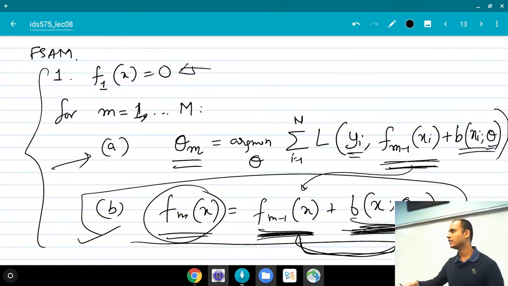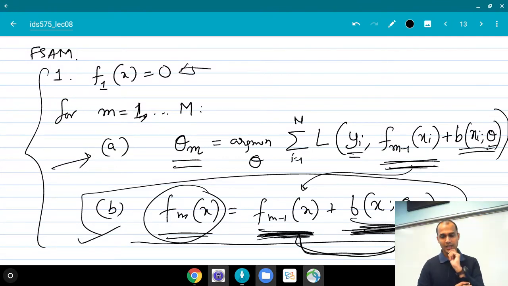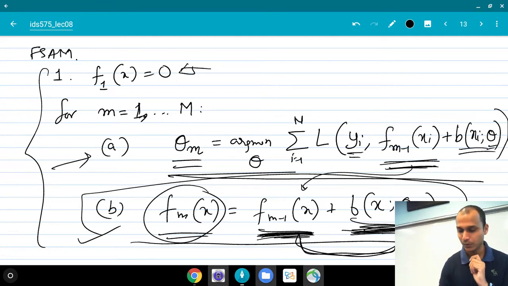We are only working on the residual. You're already making some prediction, something is left over, and I'm only trying to make that prediction. I explained this in terms of trees, and we'll see that again pretty soon.